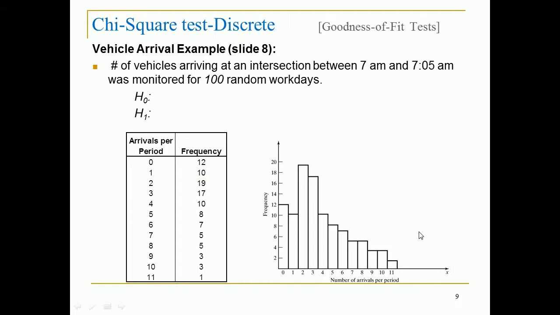And we collected information on, I think it was, 100 different days. So now we're going to use the same information to test that hypothesis that we made, saying that this histogram follows a Poisson distribution. Okay, so we're going to see if our assumption is correct based on this statistical test.